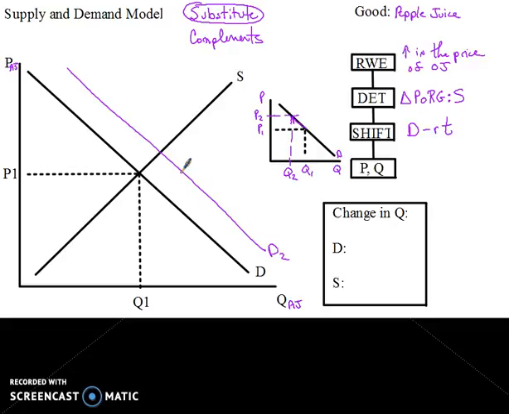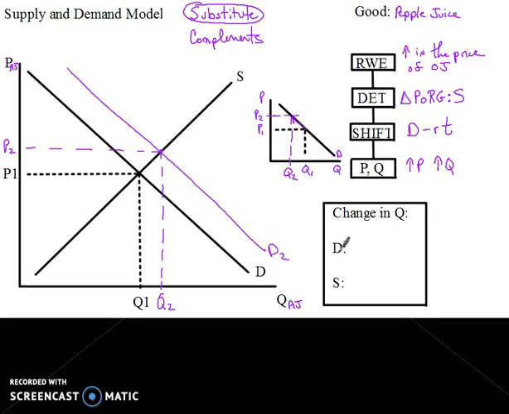Okay, now let's finish this up. Everything should fall into place now. When the demand for apple juice shifts to the right, find the new equilibrium point. The price of apple juice will rise as people buy more of it. The quantity of apple juice bought and sold in the market will rise. So we get an increase in the price and an increase in the quantity.